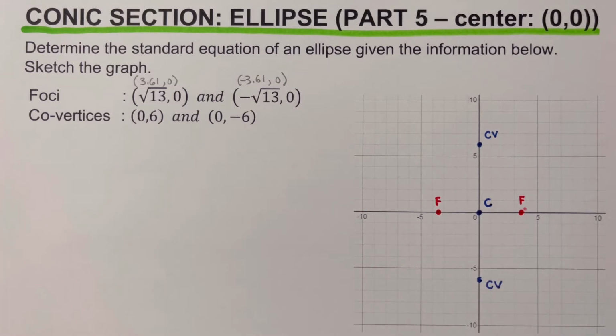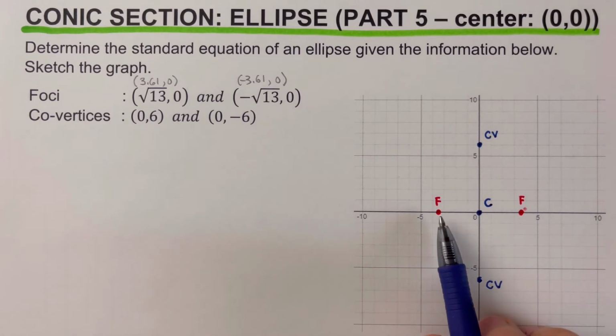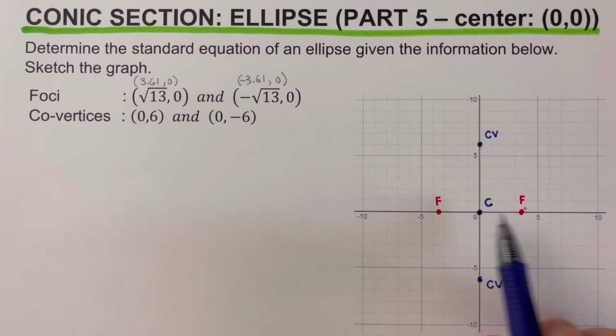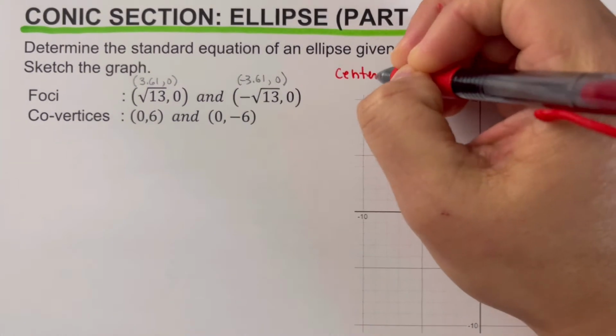Now, looking at this, we see that the coordinates of the two foci are on the x-axis. So we can go ahead and say that our major axis is the horizontal line. So this kind of problem is an example of a horizontal ellipse. So I'm going to go ahead and write that information up here.